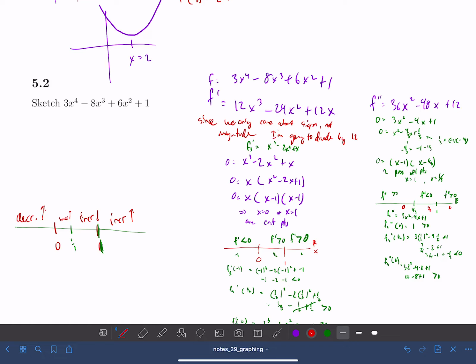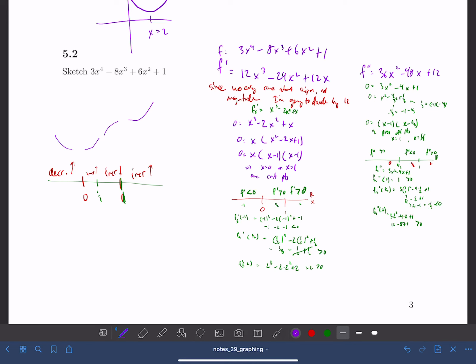All right, so now I have the decreasing, increasing, concave up, concave down behavior of my function. So I need to draw a decreasing concave up, increasing concave up, increasing concave down, increasing concave up. And this is why I say now we'll revise, because now I have a pretty good idea of what this thing looks like.